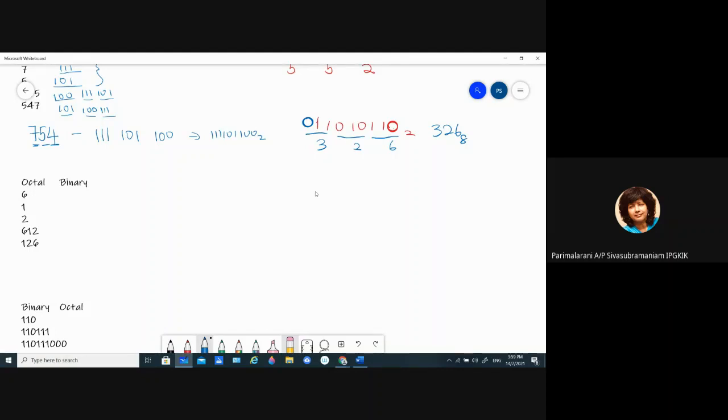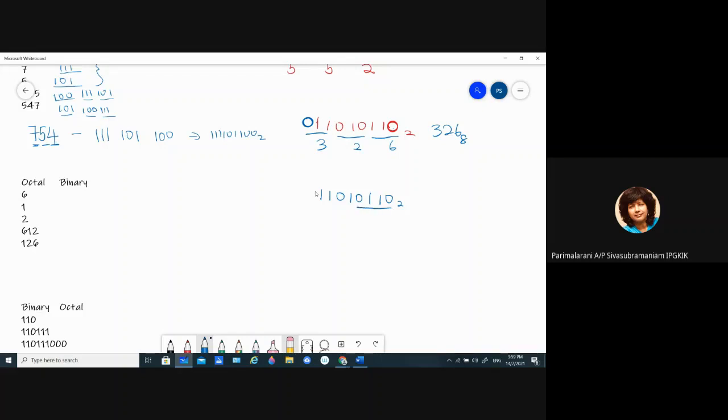Similarly, we can change from binary to hexadecimal. For example, you have this number, 110 101. I want to change this to hexadecimal. Just now we saw that hexadecimal digits can be replaced by a 4-digit binary number. Therefore, from your right-hand side, you group them in 4s.